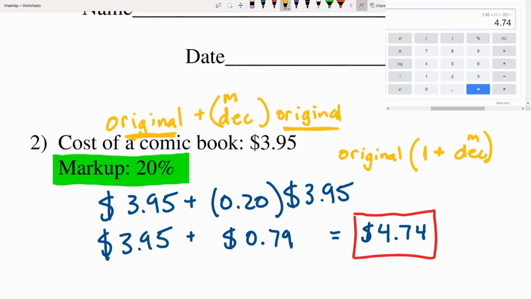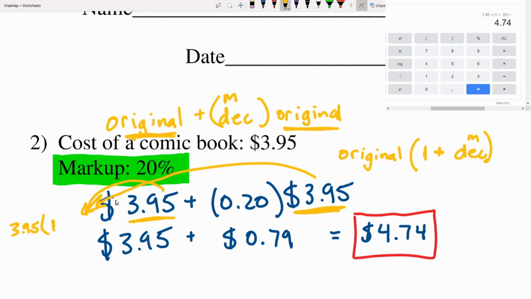$4.74. And if you're better at visualizing with numbers than with words, look at this. We have $3.95 here and $3.95 here. If we pulled that out in front, then we would have $3.95 times 1, because pulling $3.95 out of itself will leave us with 1, and pulling $3.95 out of 0.2 times $3.95 will leave us with 0.2.